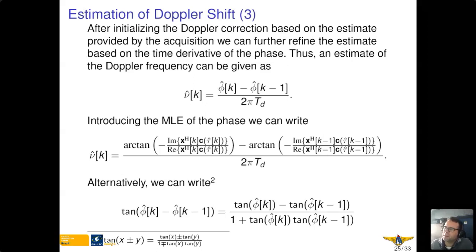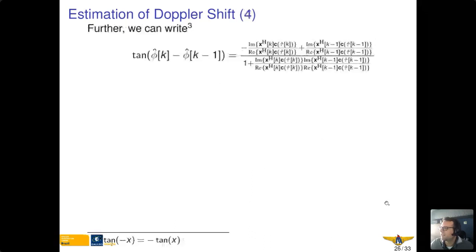Alternatively, we can take the tangent of this difference and then apply the theorem in the bottom, and we arrive at the tangent of phi hat k minus tangent of phi hat k minus 1, divided by 1 plus the tangent of phi hat k times tangent of phi hat k minus 1. We can now take this formula and introduce, as you remember, the phi is the arctangent.